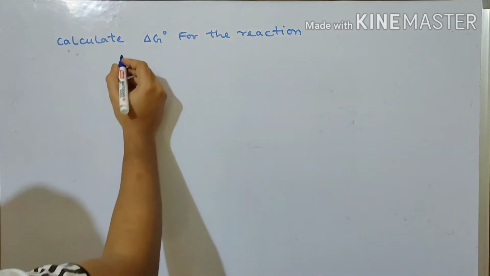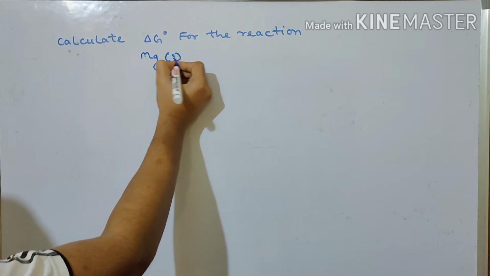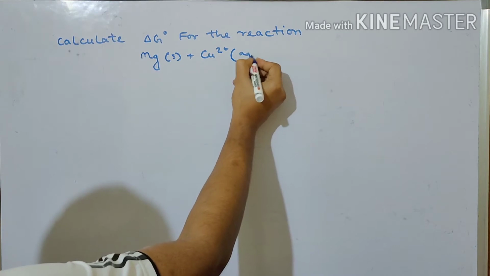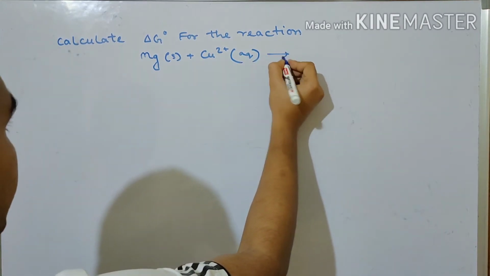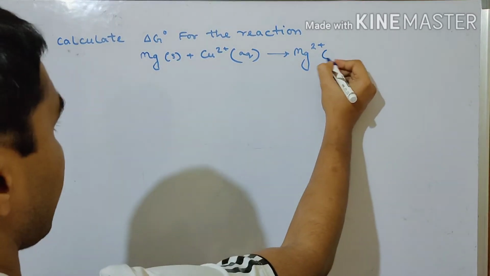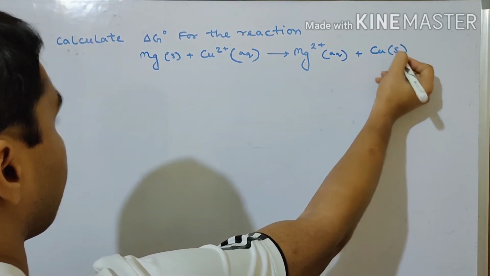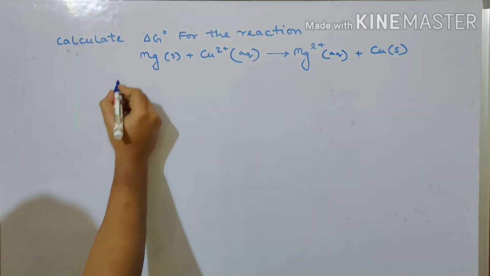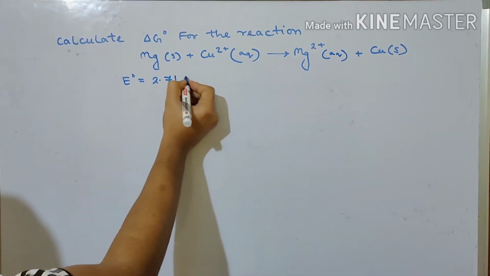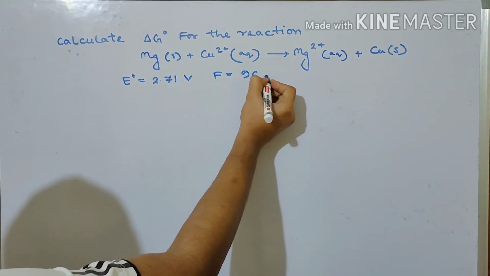The reaction is given as Mg solid plus Cu2+ aqueous giving rise to Mg2+ aqueous plus copper solid. Given values are E0 is equal to 2.71 volt and F is equal to 96,500 coulomb.